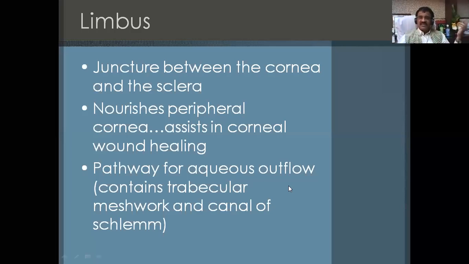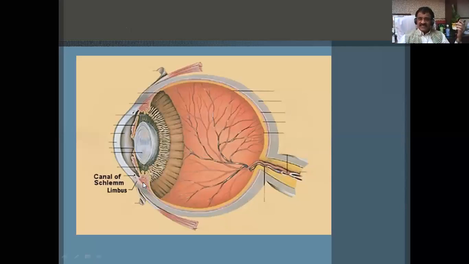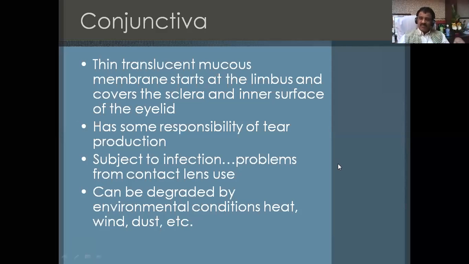So that is the significance of the limbus. Here you can see the canal of Schlemm and this is the limbus, because the cornea has ended and sclera has begun. So this is white and this is grey. The junction is the limbus. From this side you can see one point, but actually the limbus is circular.